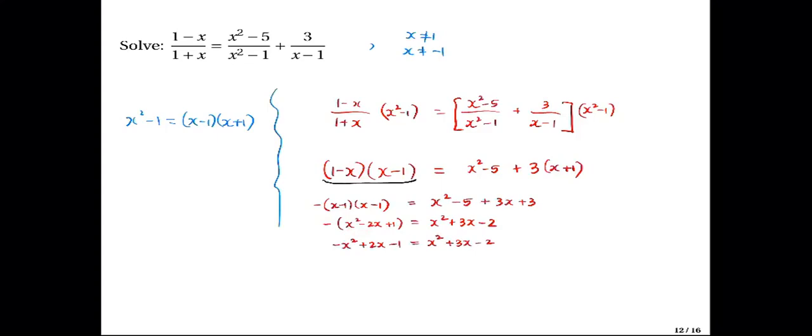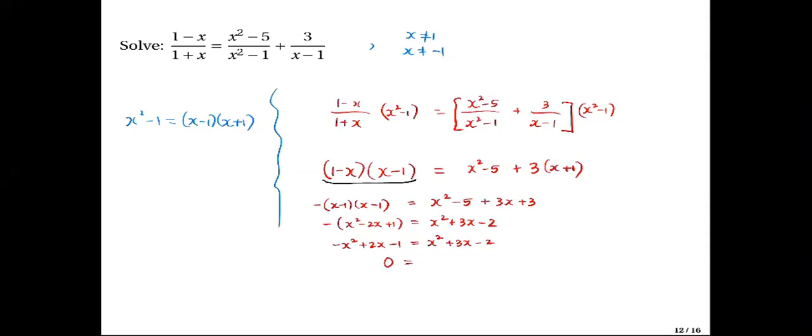And then we put everything on one side of the equation and then 0 on the other side. So let's put the expression on the left-hand side to the right-hand side. So we'll just have 0 in here.